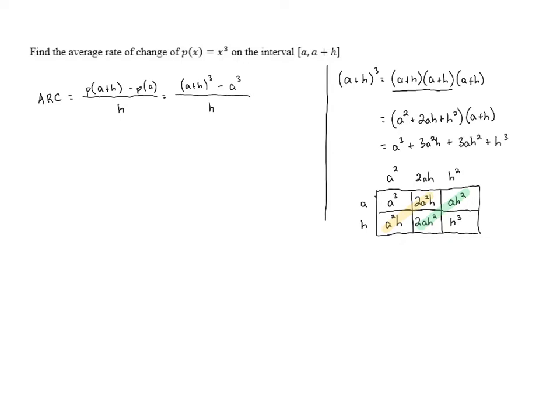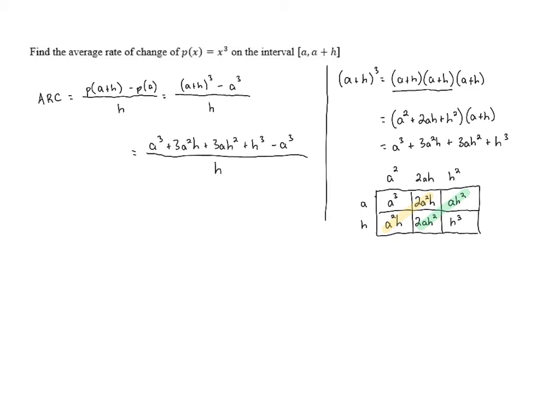And lastly, we have that h cubed down in the corner. So once we combine like terms, this is what we get. And this is what we're going to replace a plus h cubed with up here. So this is going to give us a cubed plus 3a squared h plus 3ah squared plus h cubed minus a cubed, and that is all going to be over h.